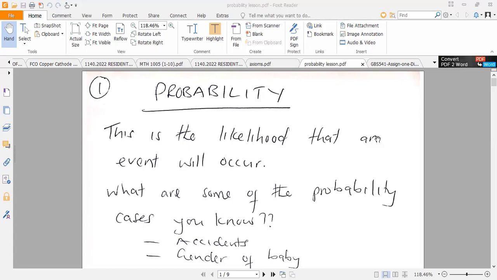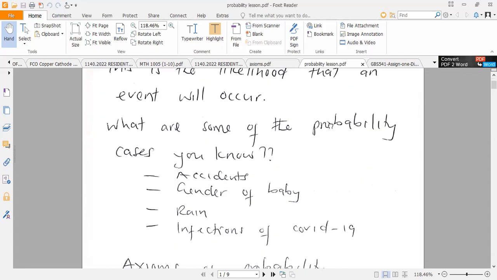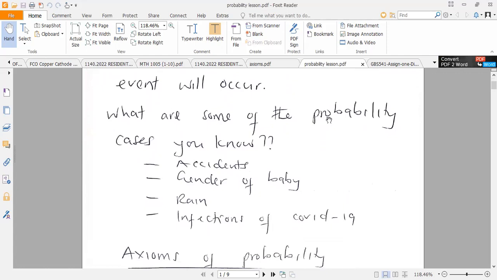Examples may indicate the chances that an accident during Christmas will occur, the baby will be a boy or a girl, it will rain or not, or infections of COVID. These are an utter chance or probability of life.